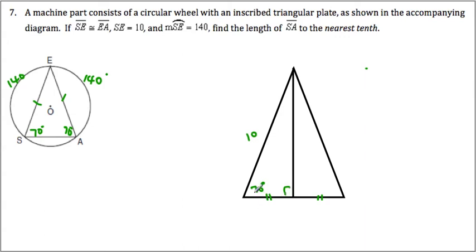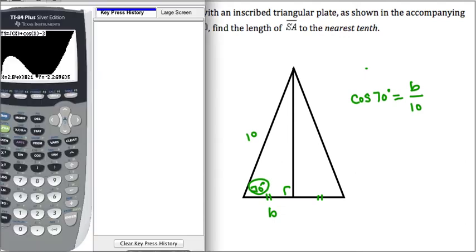Now, with the measure of the angle 70 degrees, we should be able to figure this out. Let me call this base b. You see that cosine of 70 degrees must be equal to b over 10 in the triangle.